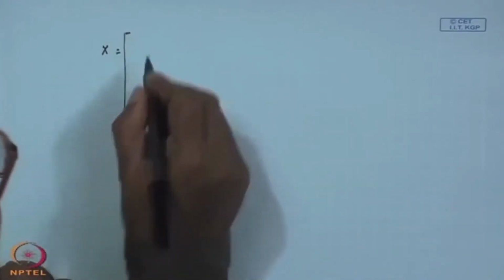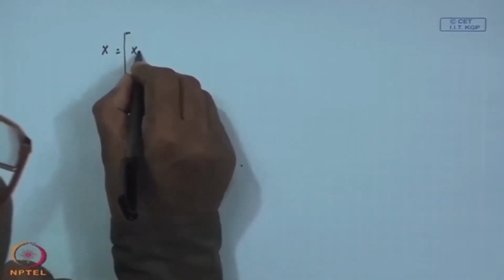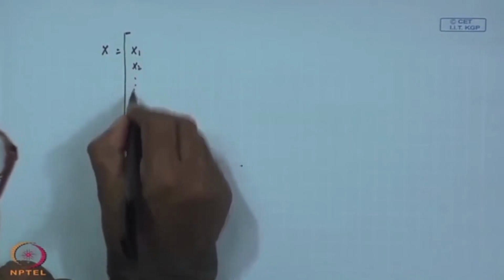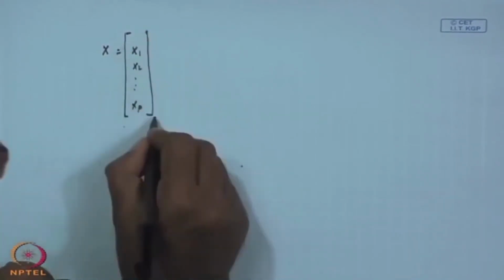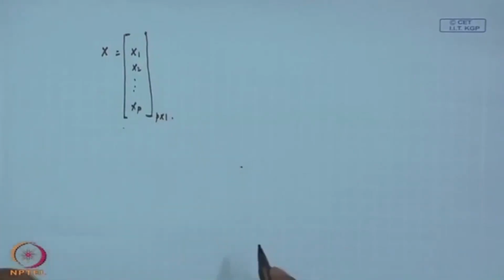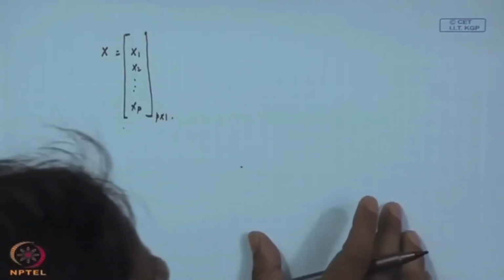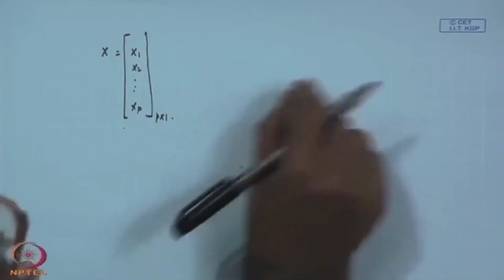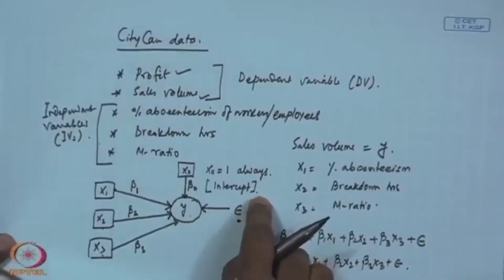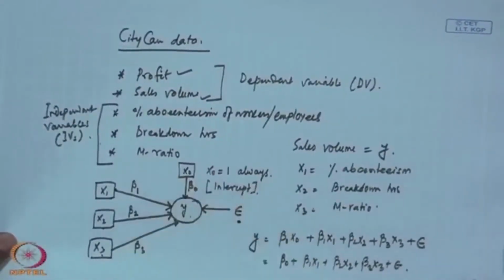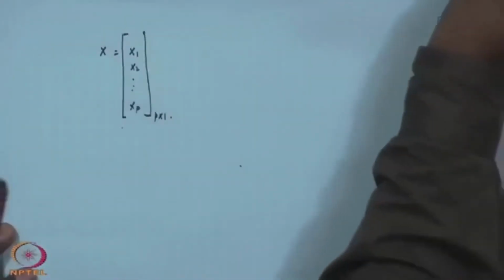So, I am writing x 1, x 2, dot dot dot, x p. There are p variables which are contributing towards y. And as we have already seen, there is one intercept parameter related to one constant x 0, which we are making 1.